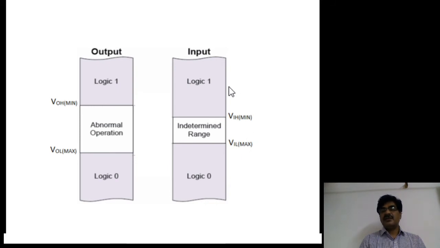In the same way, under logic high, this is the minimum value, that's why VIH is the minimum high level input voltage. I think you are clear about these voltage notations, why some are minimum and some are maximum.